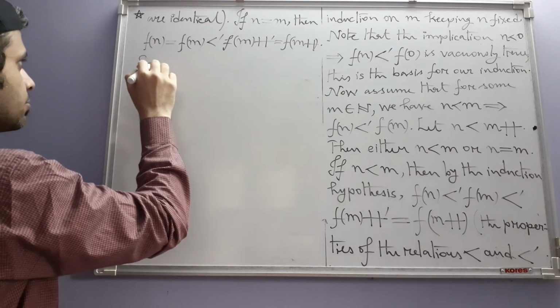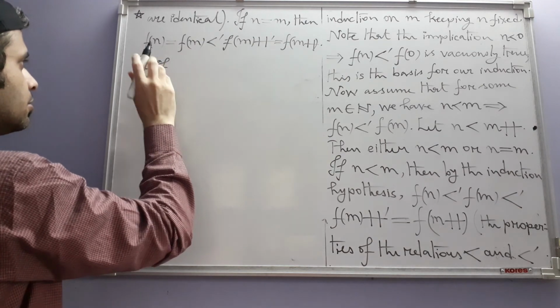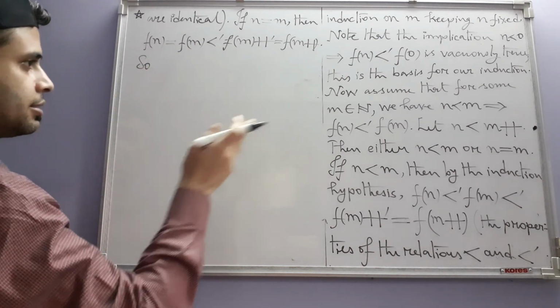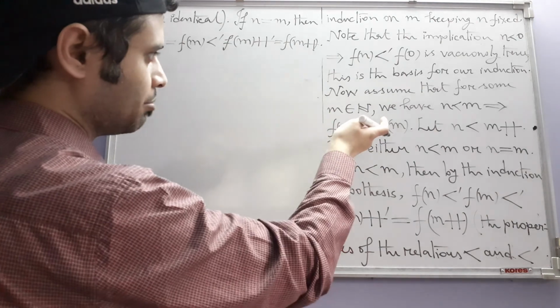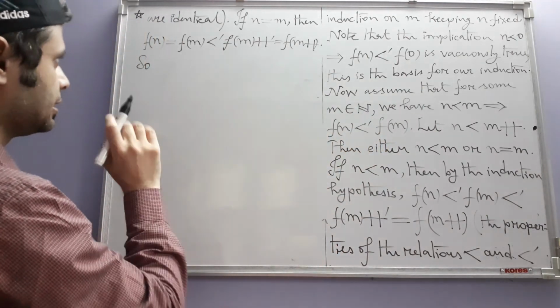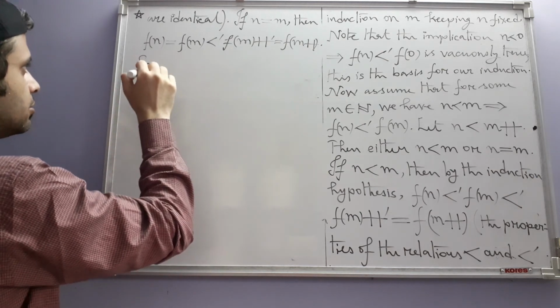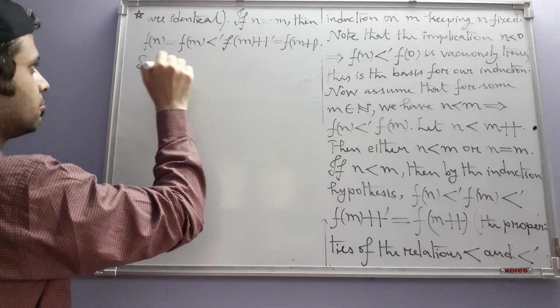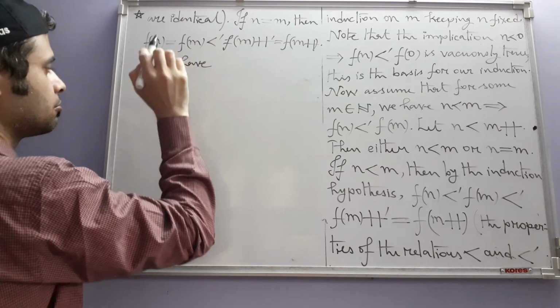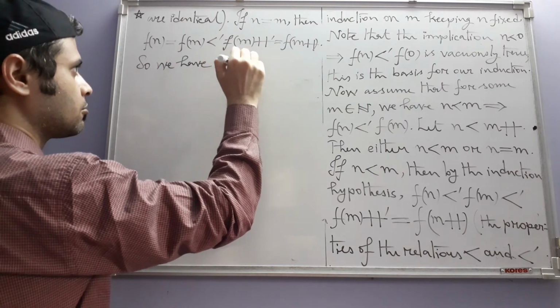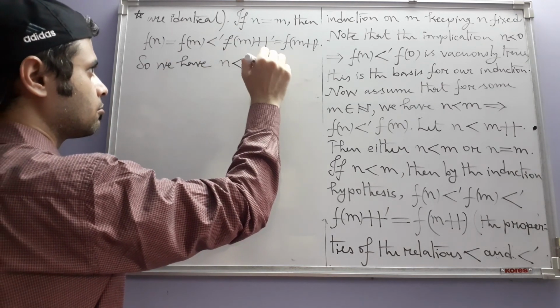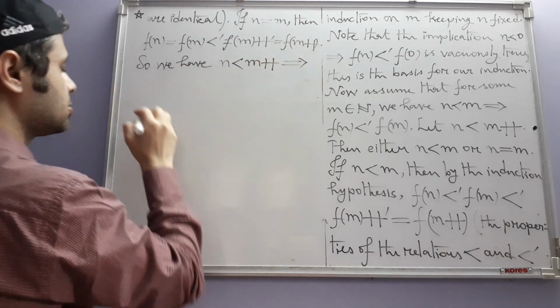So let us write it like this, since after all we are mentioning it as an implication, here also the conclusion should be written as an implication. So we have, implies.